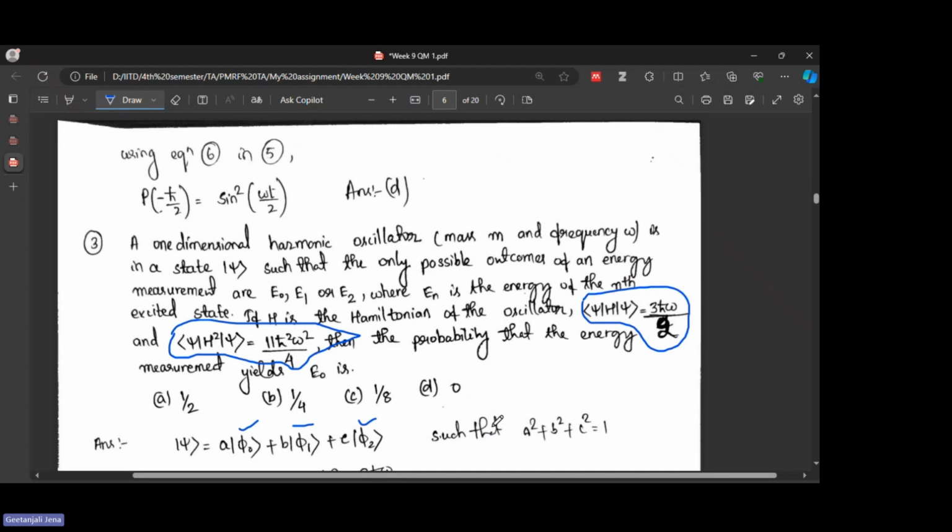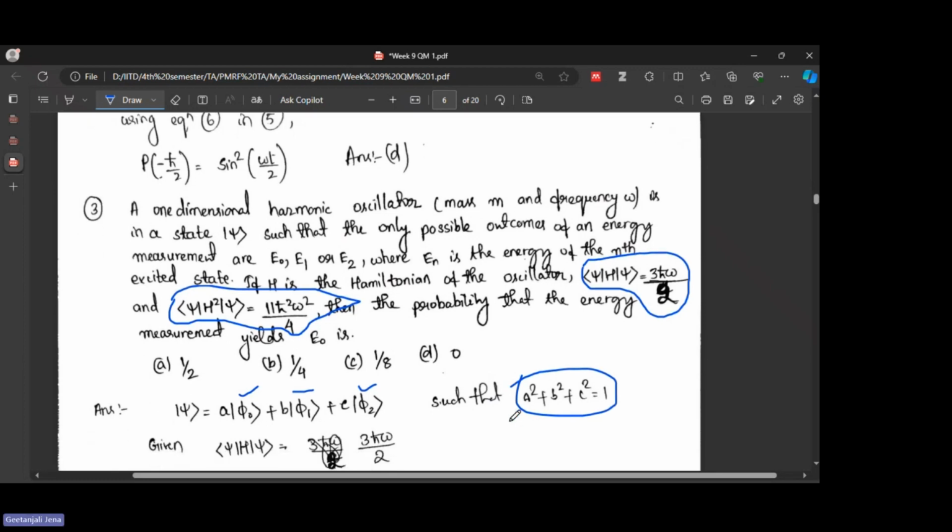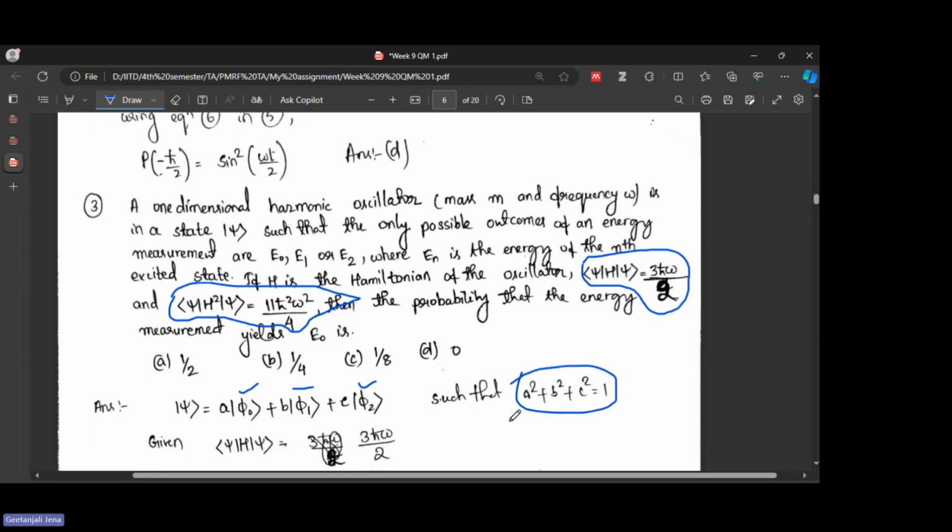Psi is normalized. So that means A square plus B square plus C square equal to 1. This is the normalization condition. Now let's see the expressions that are given to us. It is given that the expectation of the Hamiltonian is 3 by 2 h bar omega.